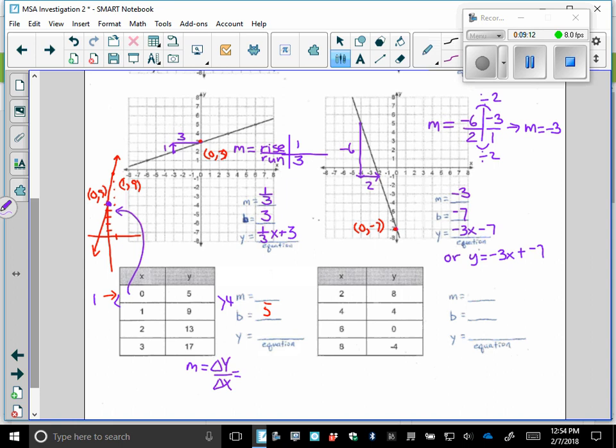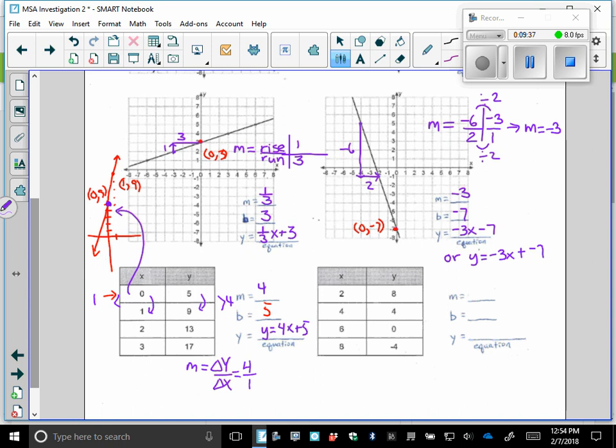And in this problem, we see the slope is up 4 because it's increasing. It's going up. And over 1. So the slope is 4. So my equation is y equals 4x plus 5.